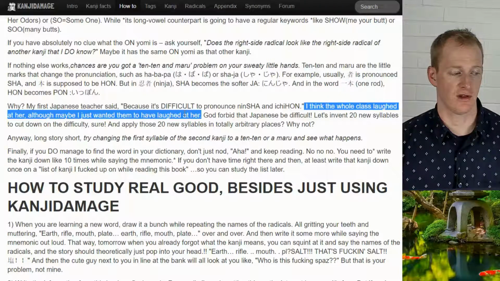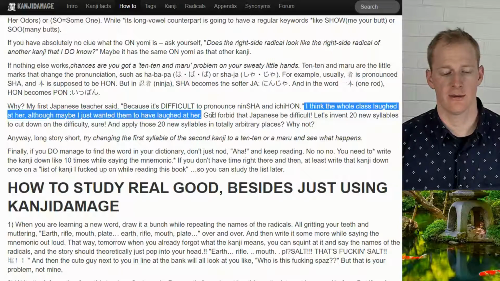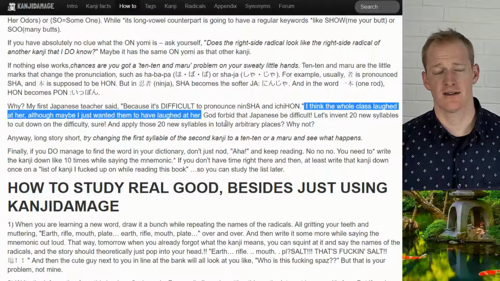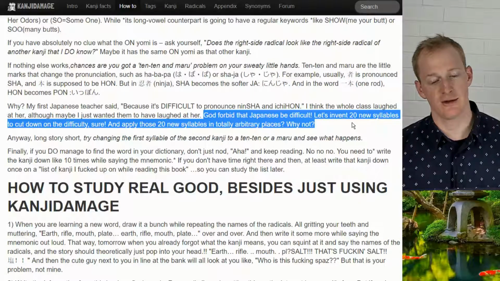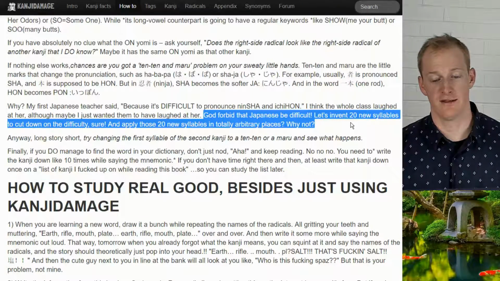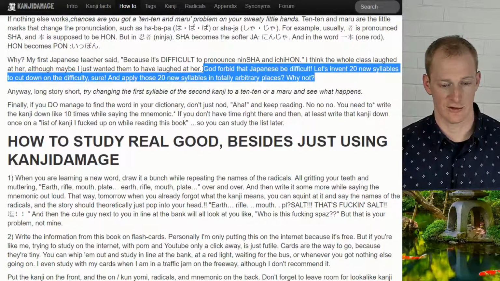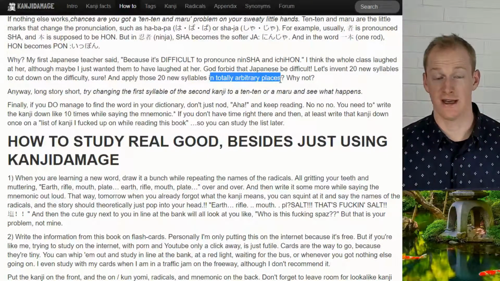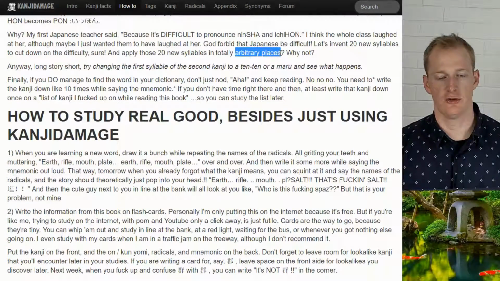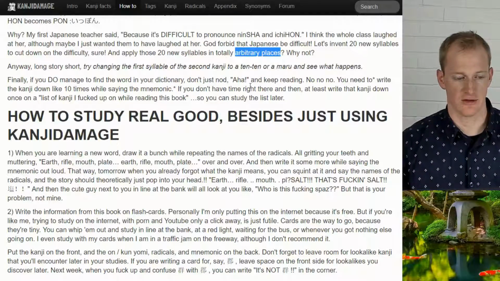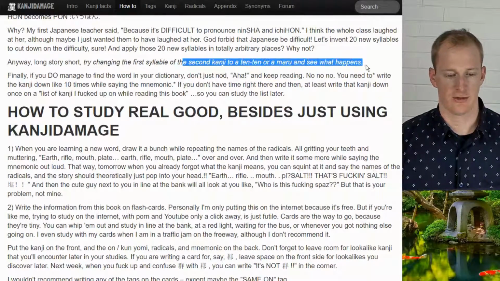Like the one I like is gakko for school, because otherwise it'd be gakkou. I can kind of see how that's a little bit harder to pronounce, but he makes a good point here, saying, you know, God forbid that kanji be difficult. Let's invent all these new syllables to cut down difficulty. And he makes a good point in arbitrary places, okay? Having said that, you do kind of get a feel for the logic eventually, but you can just basically try that.